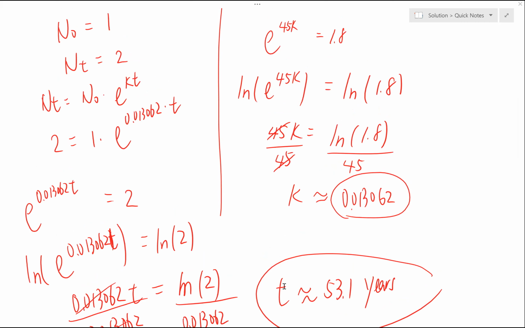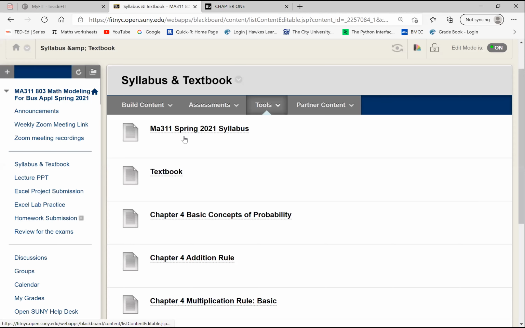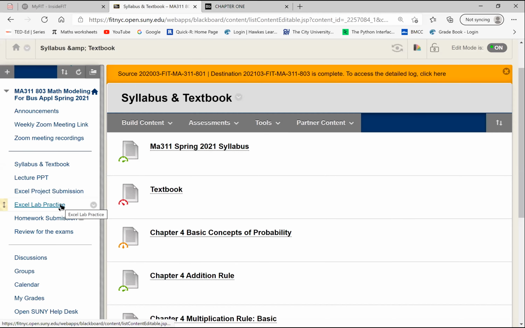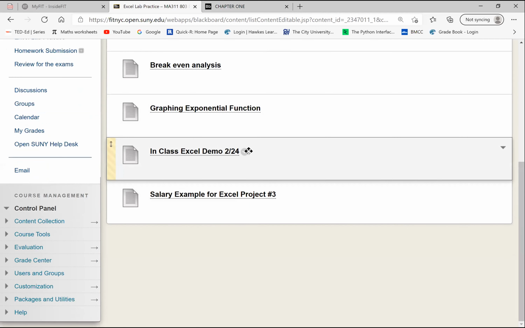Before we go to your project, I just want to show you something really quickly. I posted a note, Excel note from the last class. So if you want to look at the Excel operations, I posted right here: in class Excel demo from Wednesday, and all the Excel operations I perform are presented there, so you can use it as a reference.